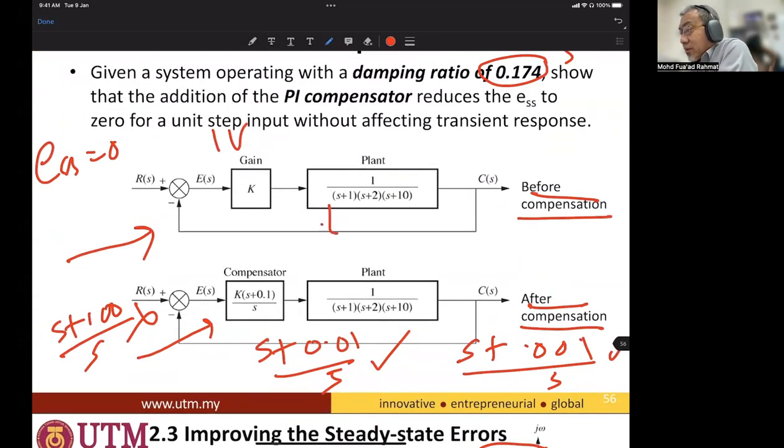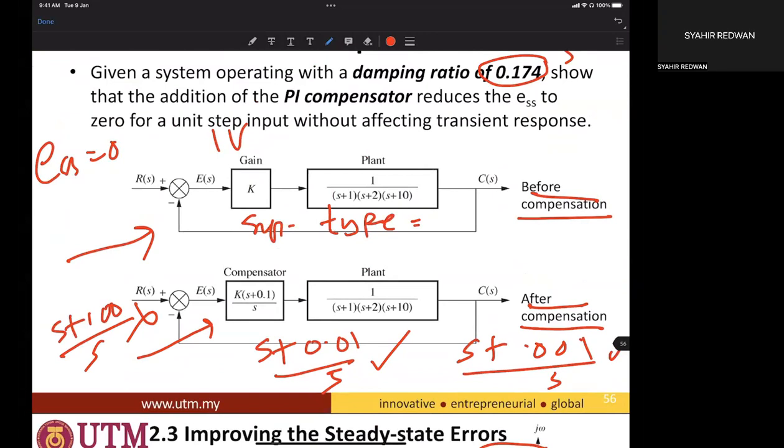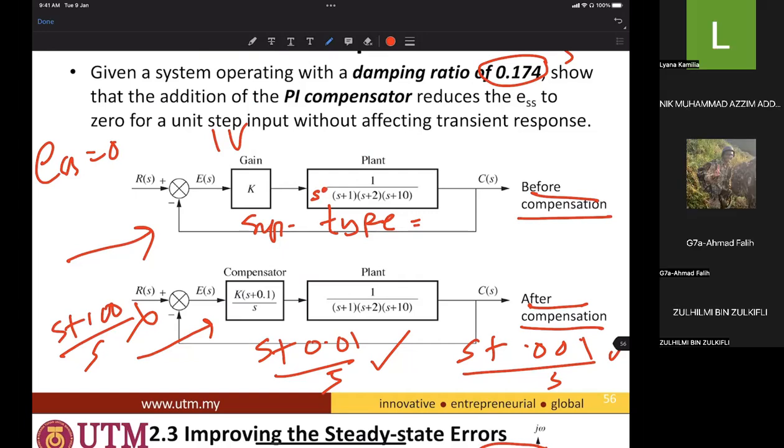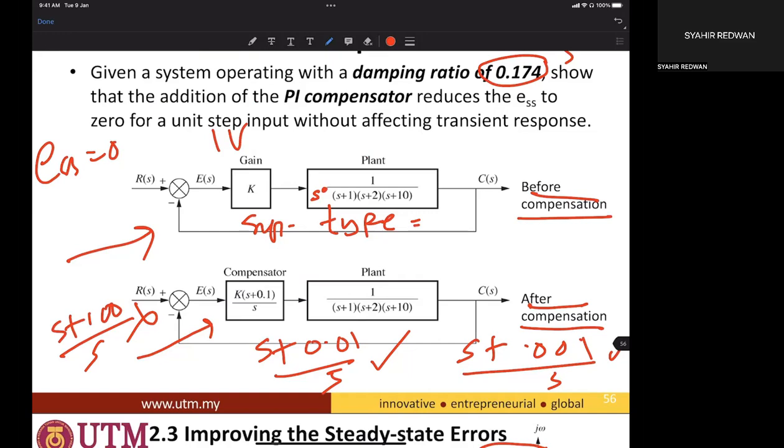System type? Ridwan. Type 1, Doctor. Type 1. Fikri, system type.